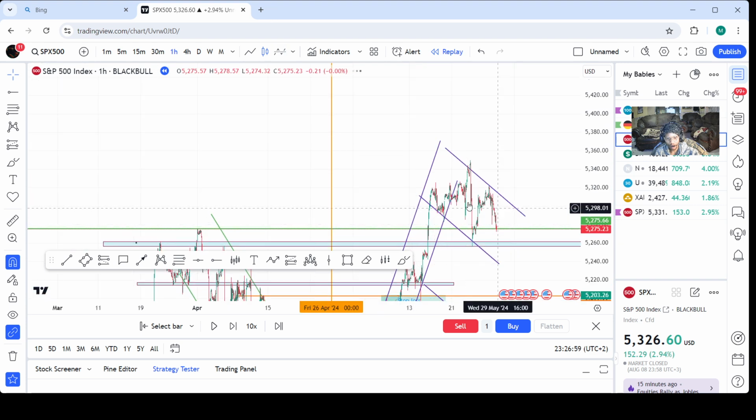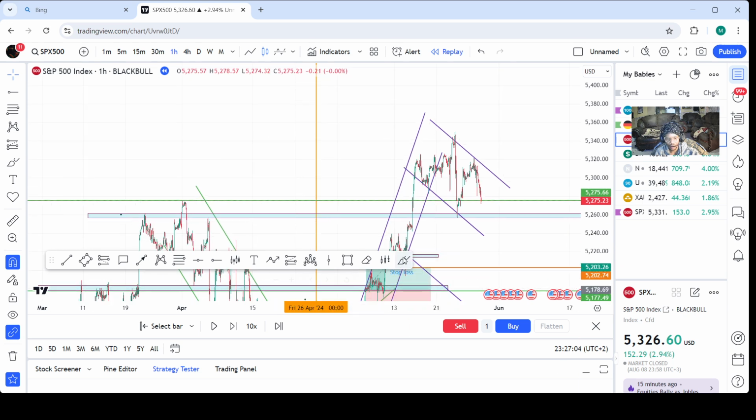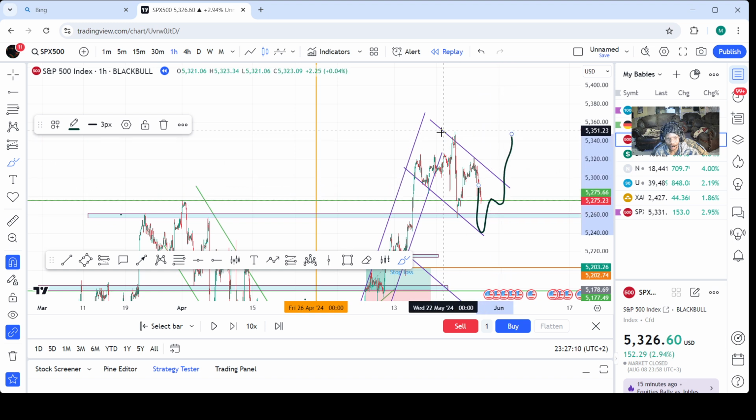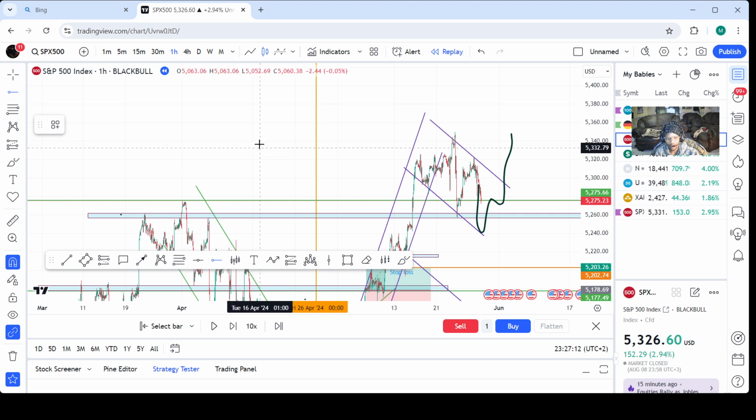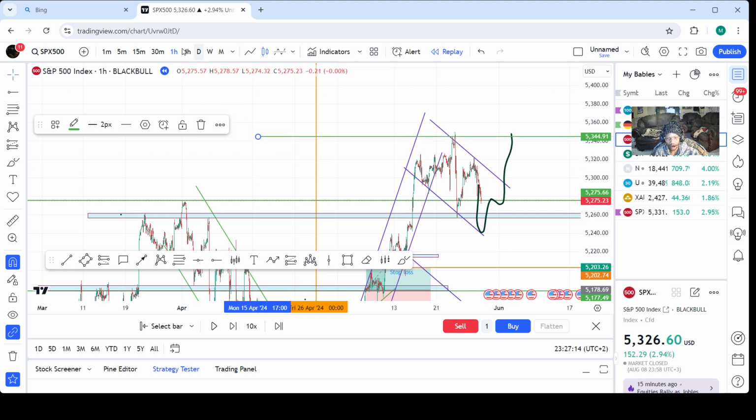Just keep in mind that the market is correcting right there. So we're expecting prices to maybe push back down here. If it does come back here, we're looking for entries until the top there, right? That's basically what we're looking for.